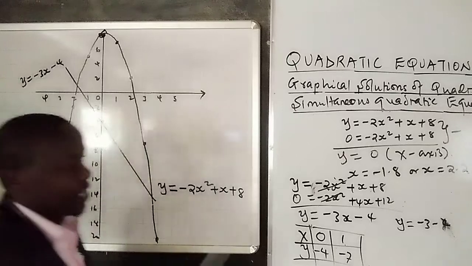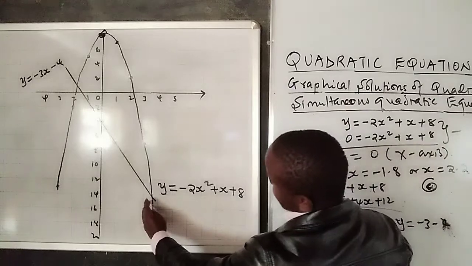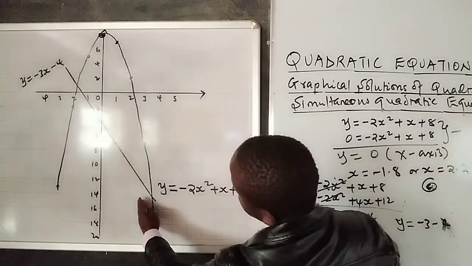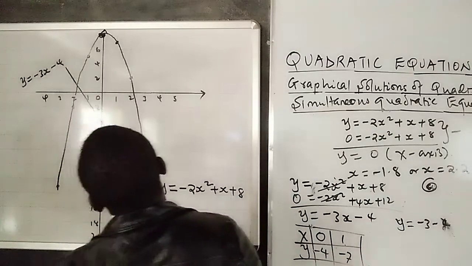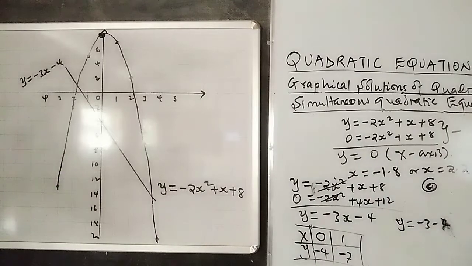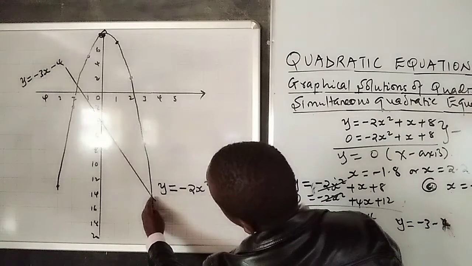Therefore, now to get the roots, the answer for part C, the curve and the line are intersecting. At this part, x is equal to negative 1.7, and on this other side, they're intersecting at x equal to 3.5.